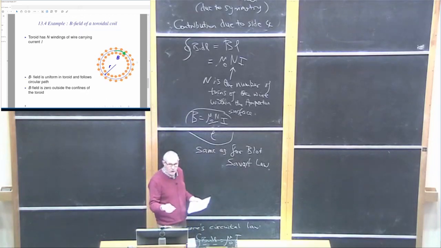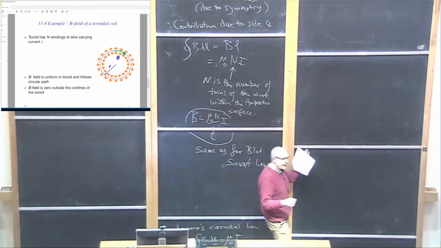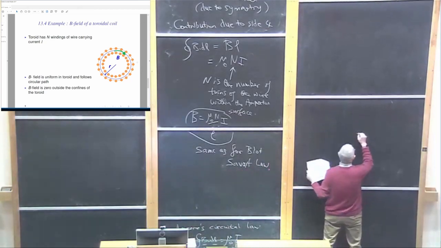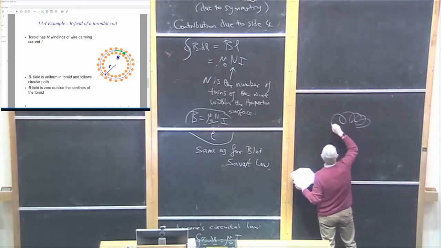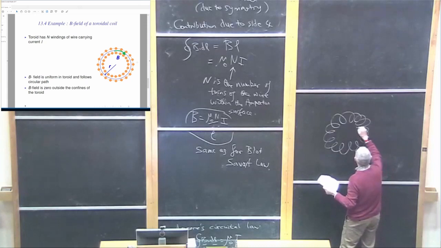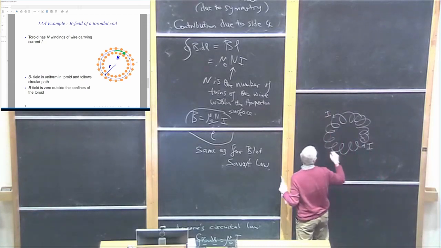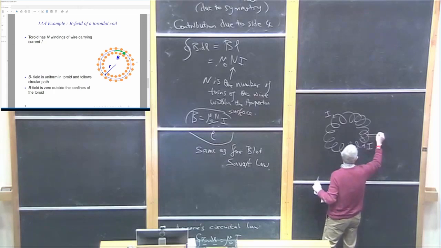So the final one is a toroid. I don't know if you know what a toroid is. A toroid is like a solenoid, but it comes back on itself like that. And it's got current I flowing through it. So it'll have some terminals here.